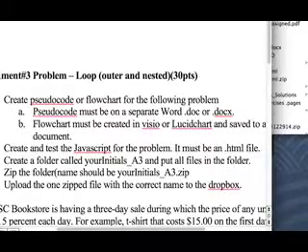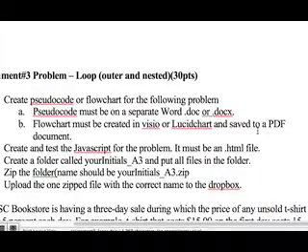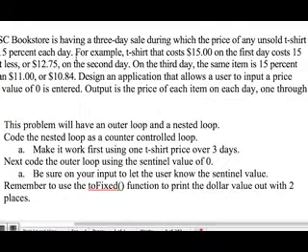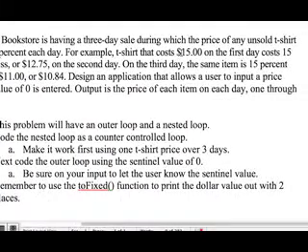So what it should be saying here is that, for example, a t-shirt that costs $15 on the first day would cost 15% less, or $12.75, on the second day. On the third day, the same item should be 15% less than $12.75, which is $10.84. Should say 12.